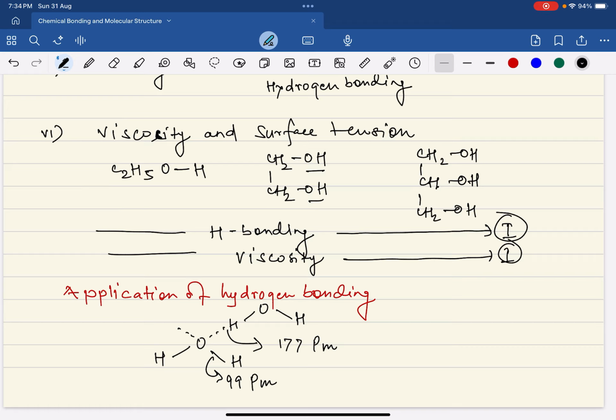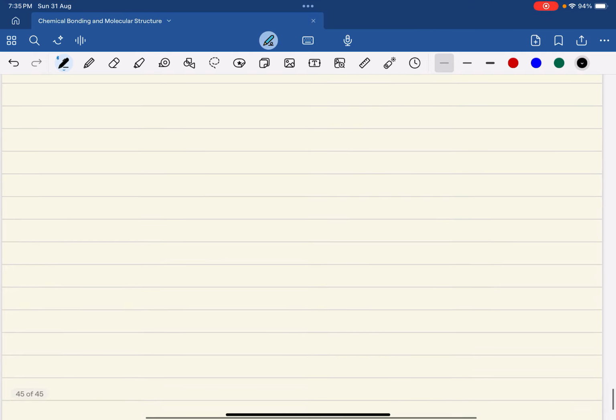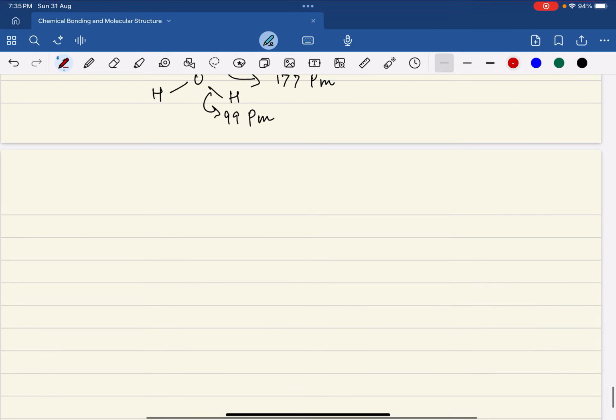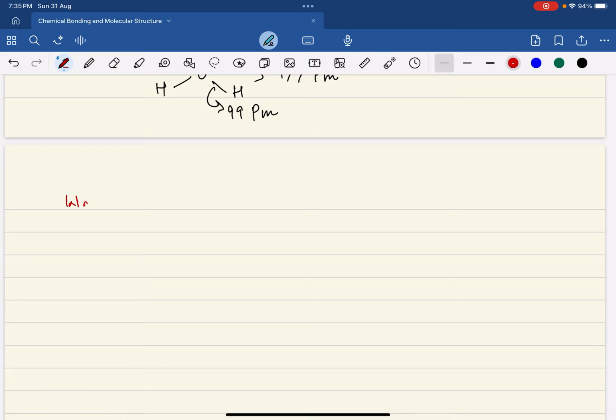Then the second question: water has maximum density at 4 degrees Celsius. When ice melts, there is a rupture of the open cage-like structure due to partial breaking of hydrogen bonds.